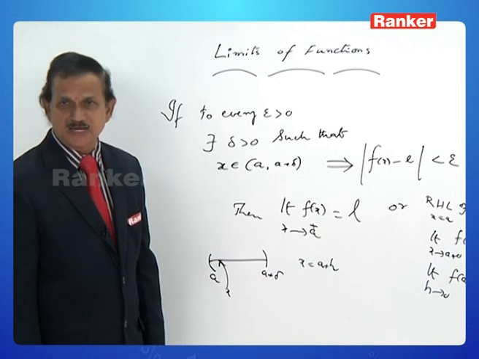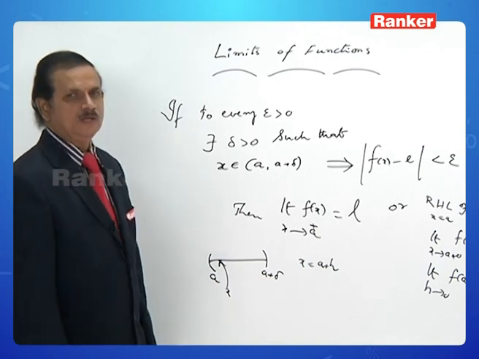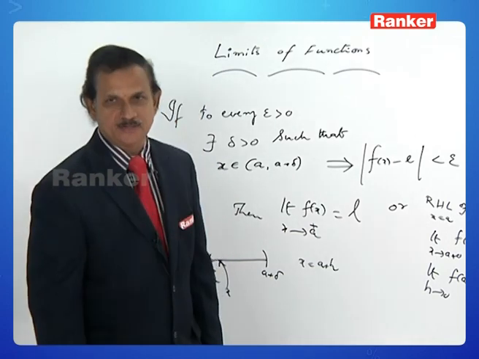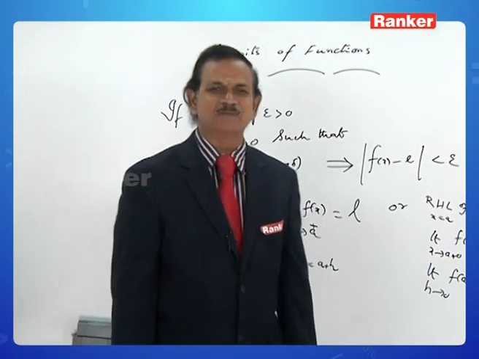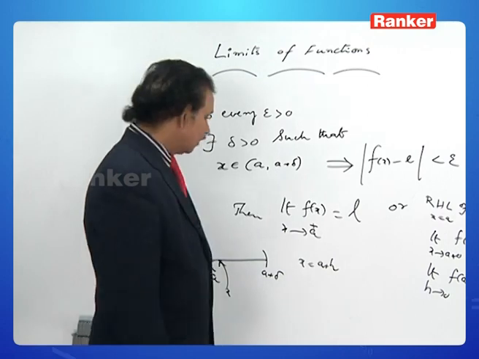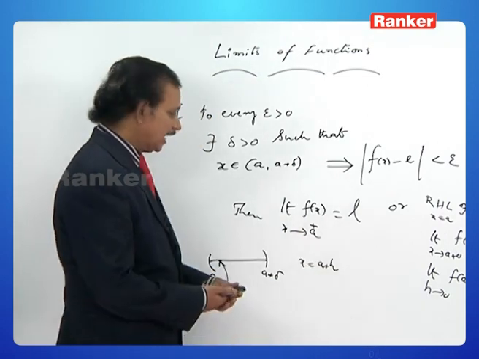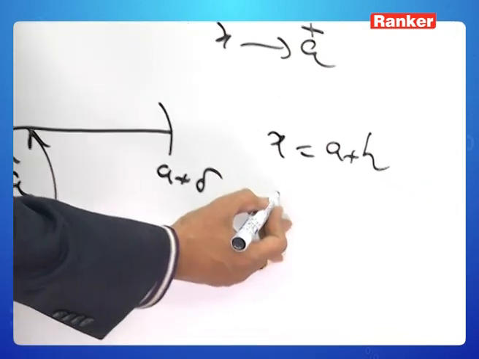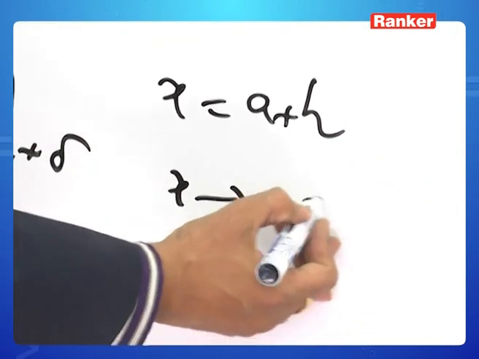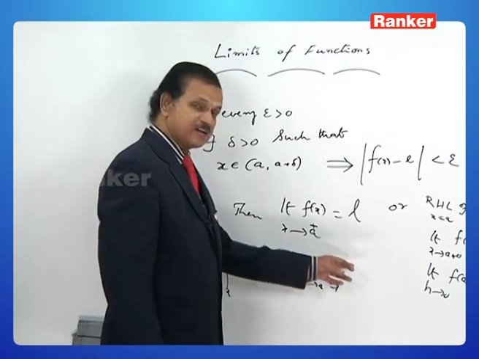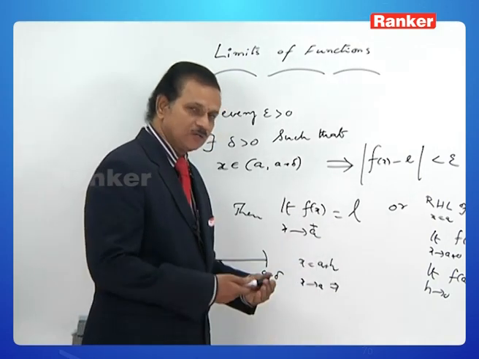That something is nothing but h. Therefore, we are able to express both left hand limit and right hand limit with the h concept like this. So, as before, in the place of x we write a plus h, and x tends to a. What does it mean? A plus h tends to a. That is, h tends to 0.